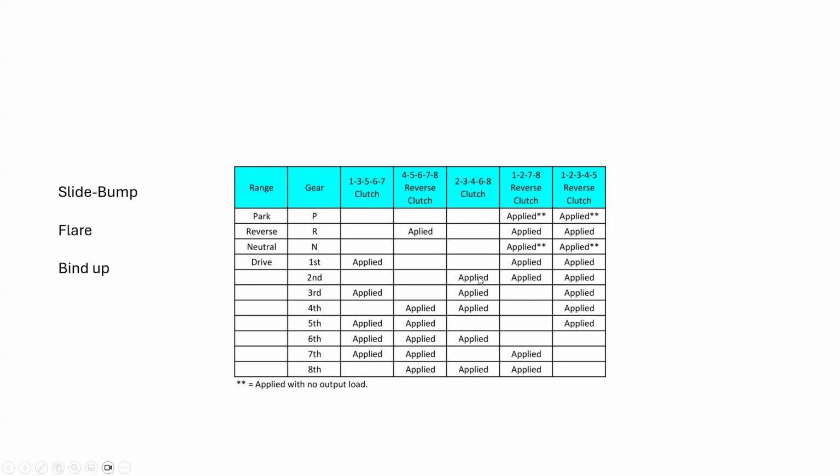And it's going to have a heck of a time, and it's going to really abuse that clutch. And when you get into the unit and you find that clutch pack is all burnt up, don't be surprised if the condition was actually through a bind-up that caused that malady. So those are the three terms that I want to use for drivability.